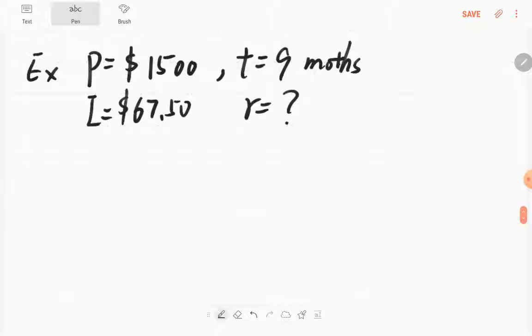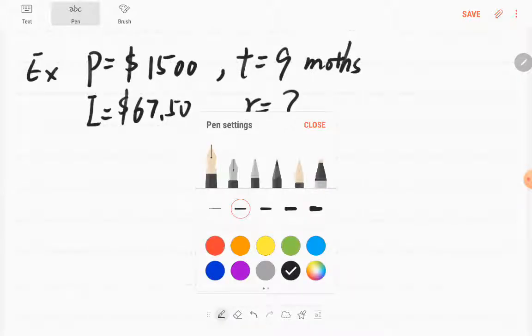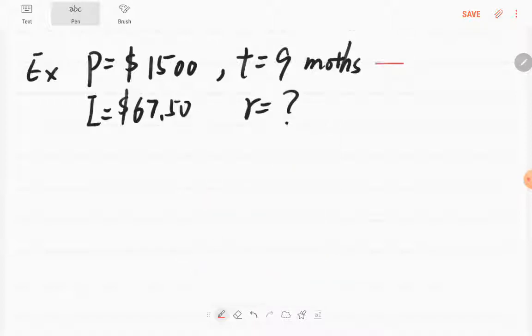Before that, we should write more things. T is 9 months. We need to convert to years. So 9 months is equal to 9 over 12 years, which is equal to 0.75 years.